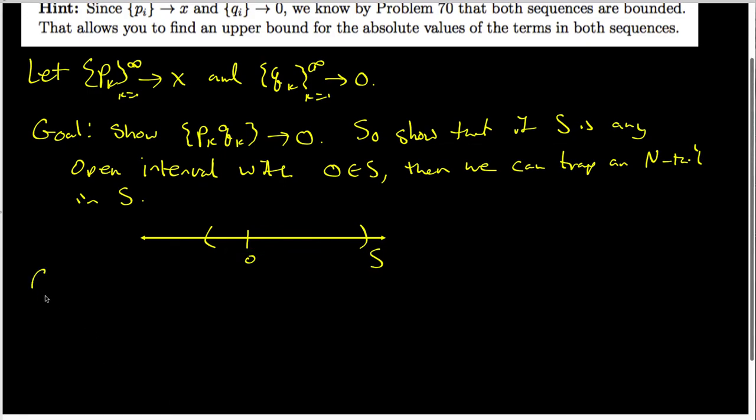I am going to choose delta bigger than 0 such that the delta ball about 0 is a subset of the open interval S. So this would be delta and this would be minus delta, and this white set is my delta ball.